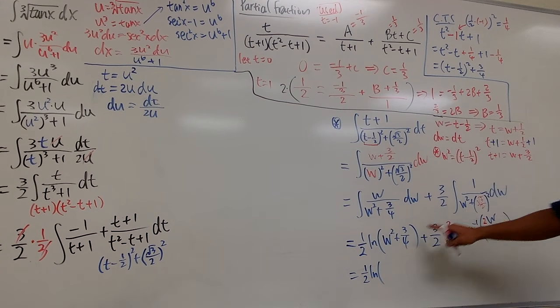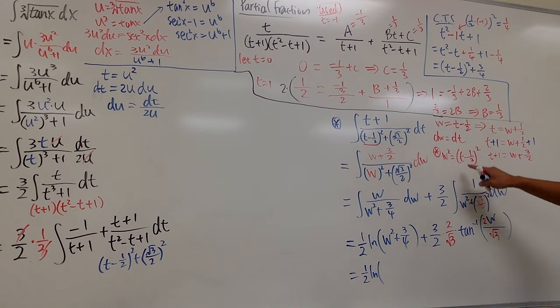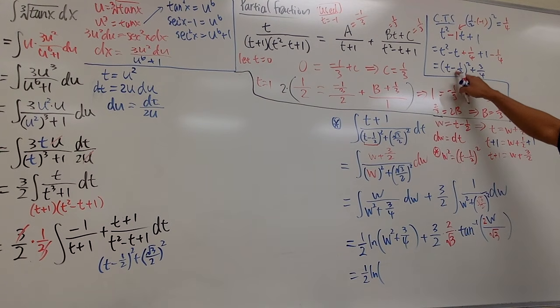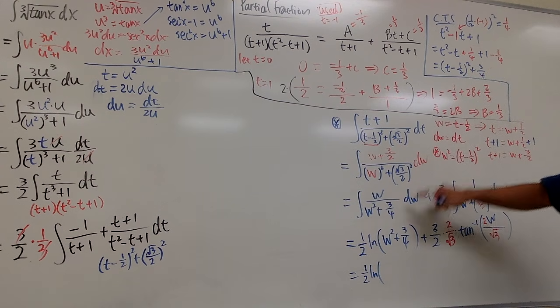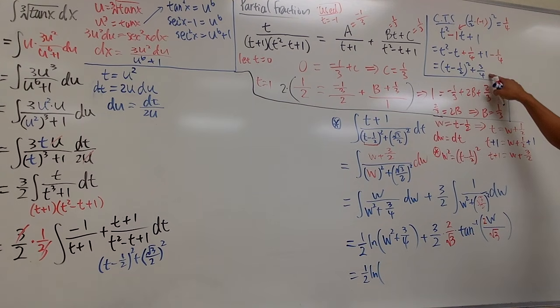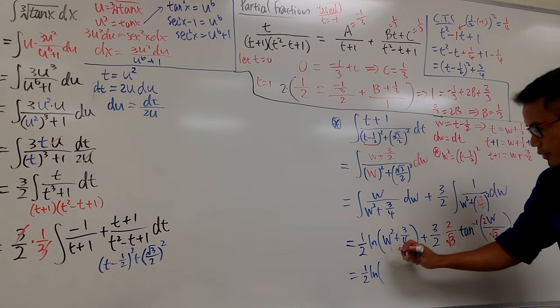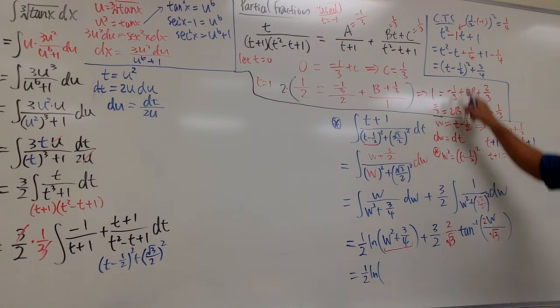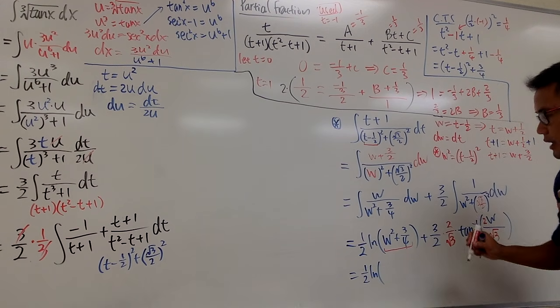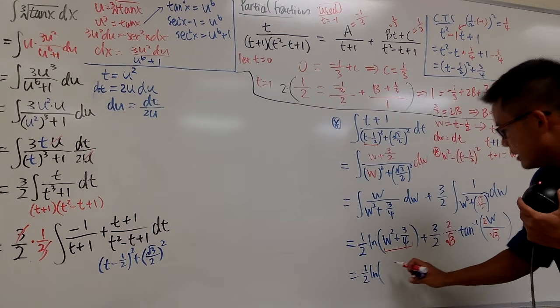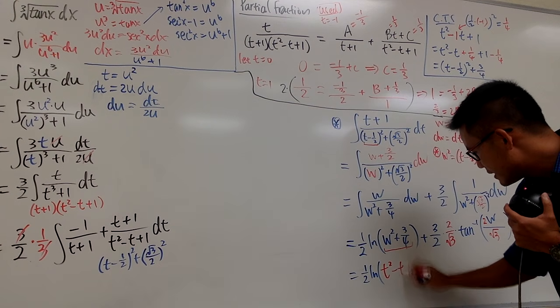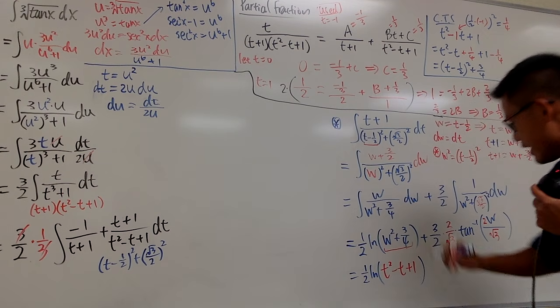And then if you add that with 3 over 4, it's pretty much this, right? Once again, w is t minus 1/2, and then you square that, and then you add it with 3 over 4, which is the same as that, right? So for all that, it's going to be t squared minus t plus 1, okay?